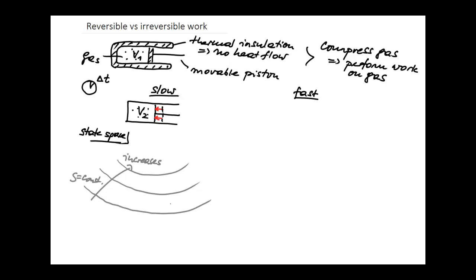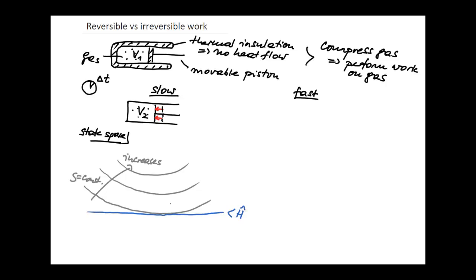And the initial macrostate of the system is a canonical state corresponding to a certain initial internal energy. Let me indicate with this horizontal line all states that have the initial internal energy.